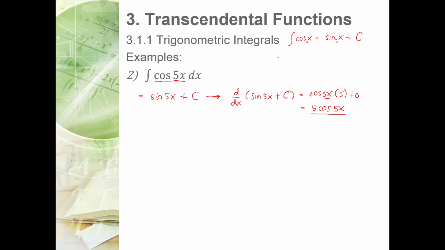So what about if we have a multiplier or a coefficient in our angle? If you try to research mathematical books, especially in BS Mathematics, the real formula for the integrals of the trig functions is this one. Cosine ax, where a is the coefficient of the angle. The answer for the corresponding integral is 1 over a sine ax plus c.